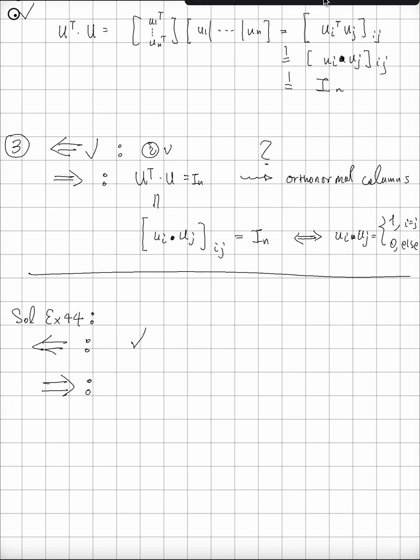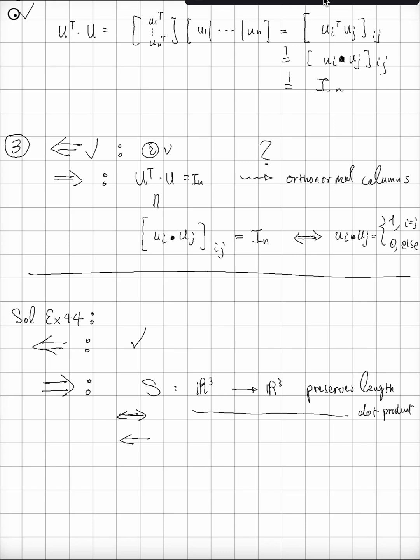So let's do it in several steps. Let's say our linear transformation S preserves length, then in particular it preserves the dot product. Actually this is equivalent to preserving the dot product, because we just take the square root.